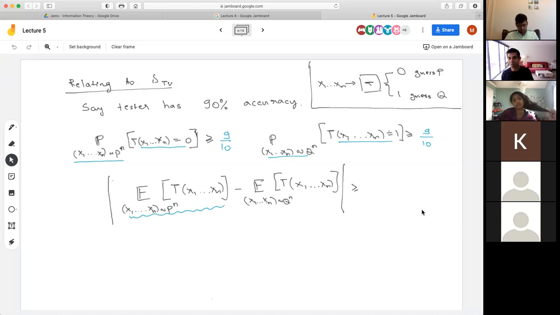And so it will be 1 with probability at most 0.1. So that means that this expectation will be less than or equal to 1/10. And this expectation is just the same as the probability we wrote. So this will be at least 9/10.